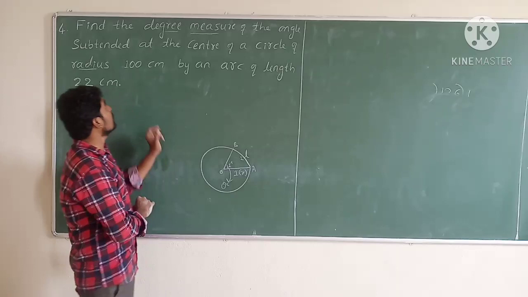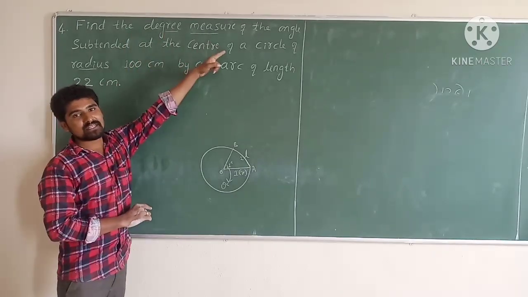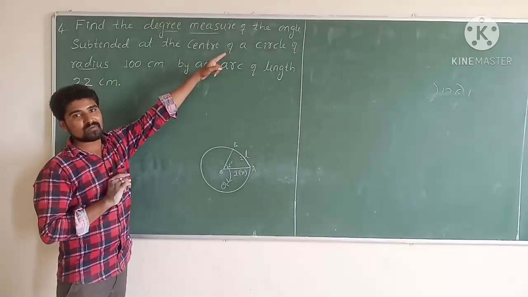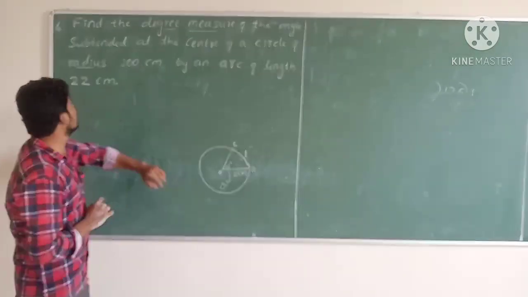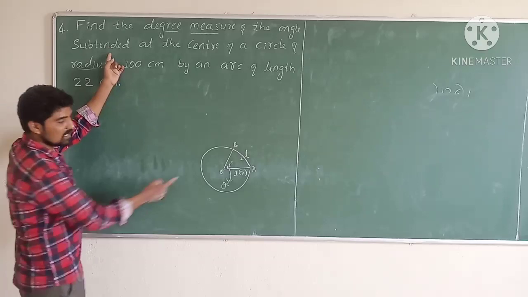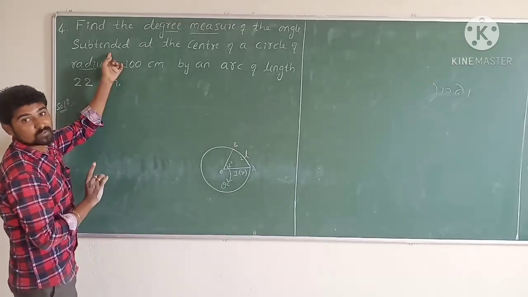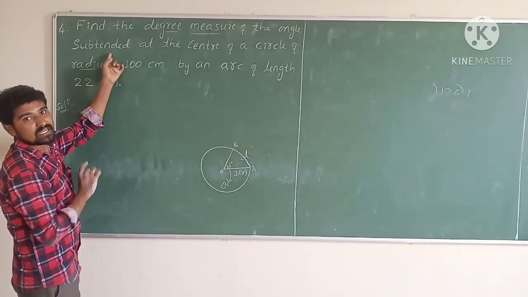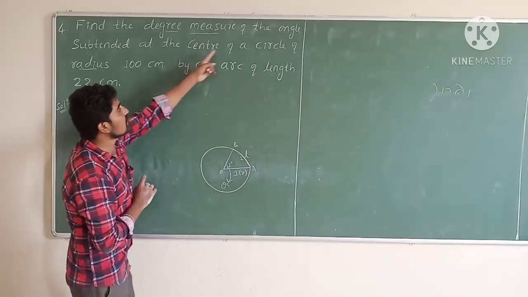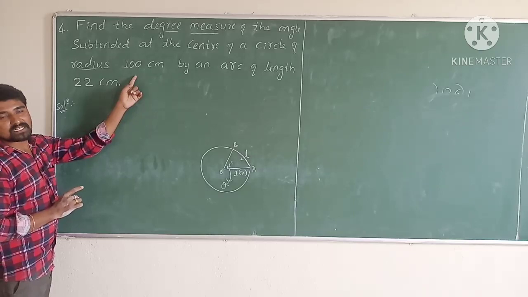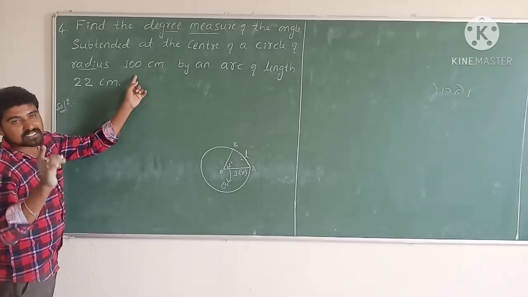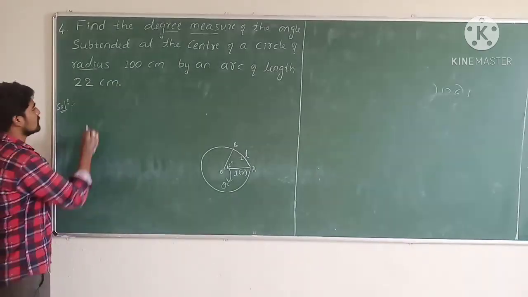So in the question, find the degree measure of the angle, meaning I have to find the angle, and the angle should be in degree measure. That is the first condition. Second, that angle is subtended at the center of the circle, the angle created at the center of the circle of radius 100 cm. The radius is given as 100 cm.